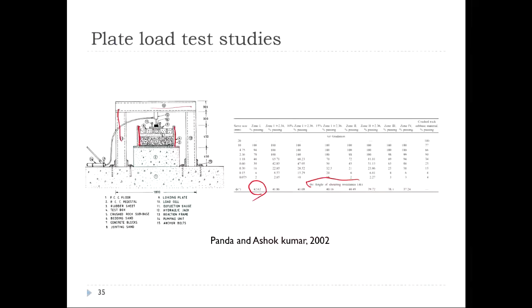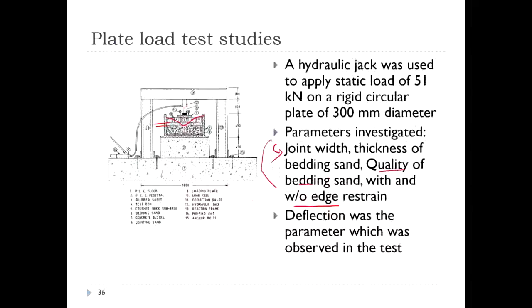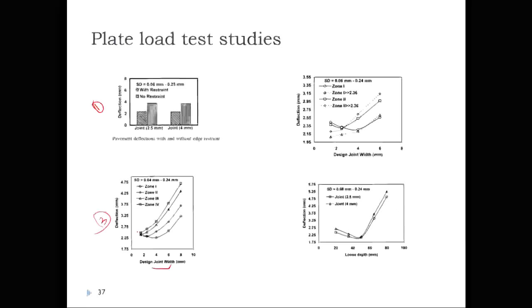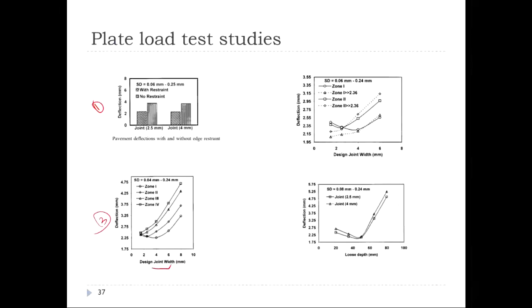You can see these were the jointing sands they tried. For different jointing sands, these are the deflections observed for different joint widths. You can find the jointing sand as per zone 1 was found to have lower deflection, and hence they recommended this jointing sand for interlocking concrete block pavements.